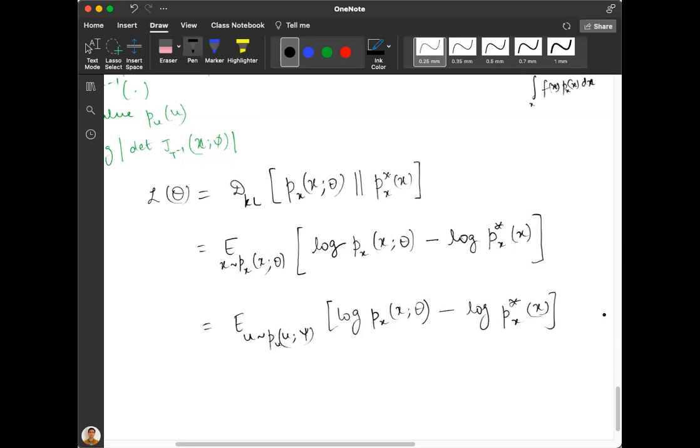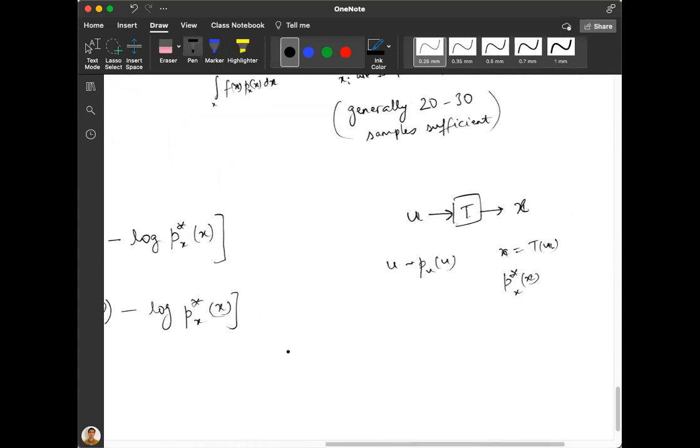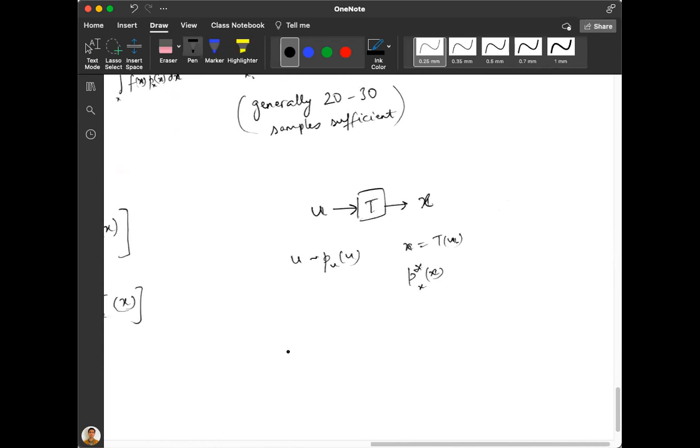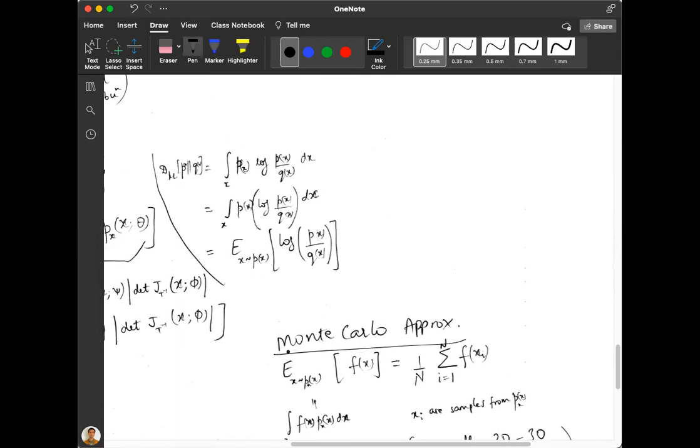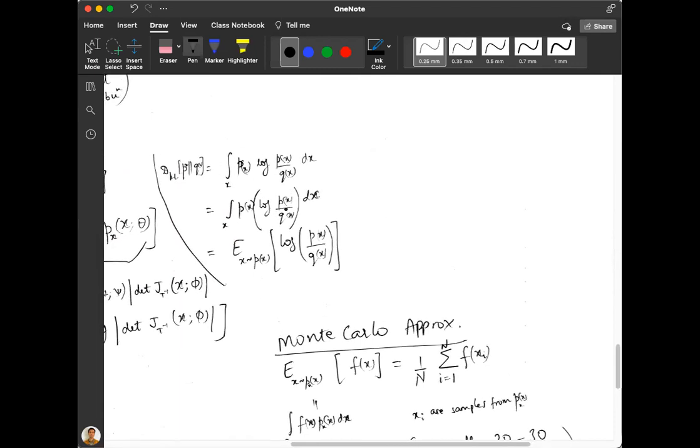Can I write it like this? Can I convert this into this? The answer is yes. Let me prove it for you. If I have anything like this, let's start from here. Let's do a variable transformation.